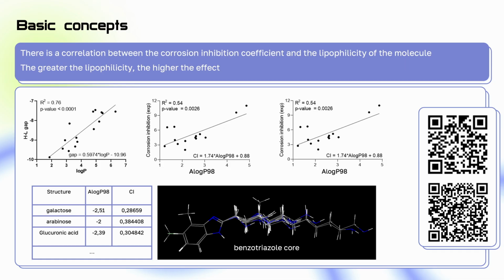For some molecules, the benzotriazole core is a unique molecular scaffold, where we could analyze and compare this information with experimental corrosion inhibition values to develop quantitative structure activity relationship models.